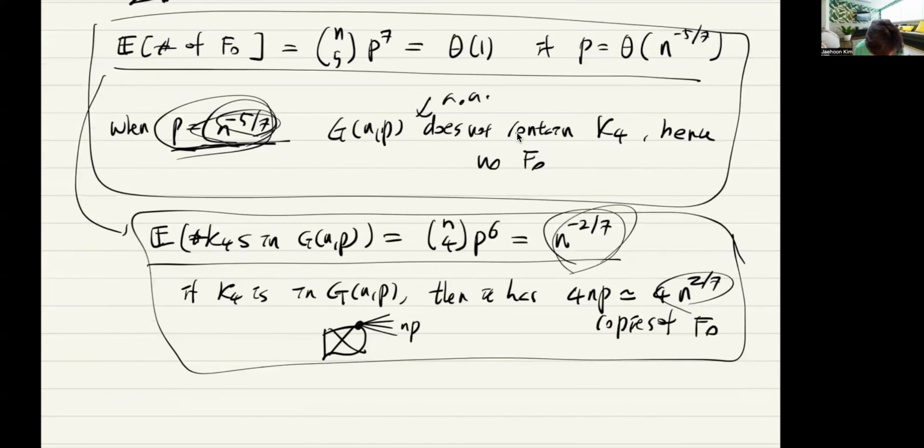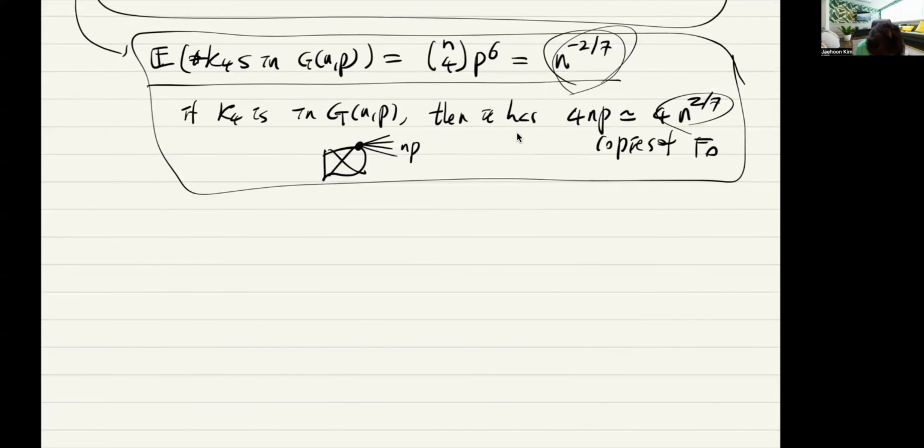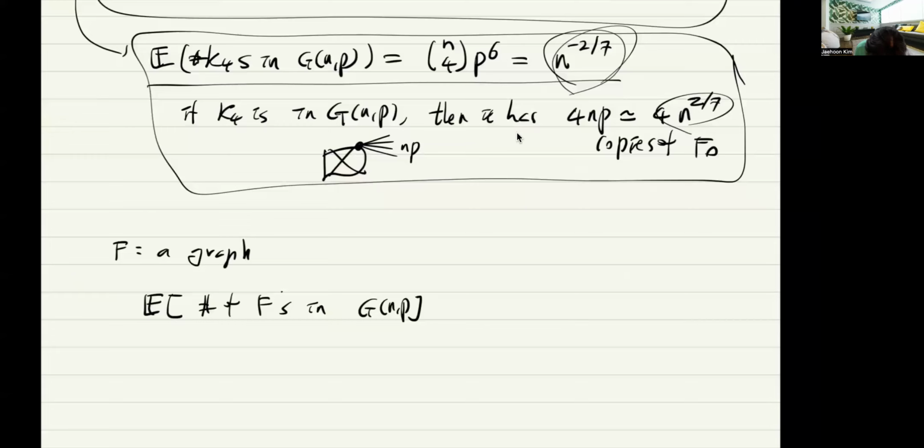So in order to avoid it, what you can do is, instead of just computing, for a given F, the expected number of F in G(n,p), you consider all subgraphs and do this computation.